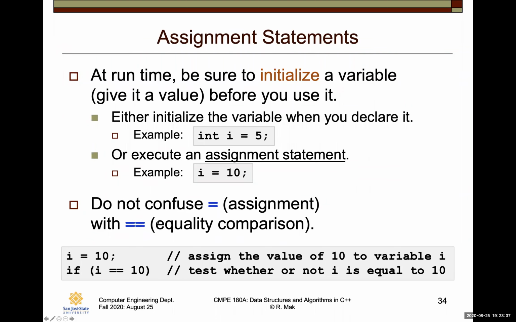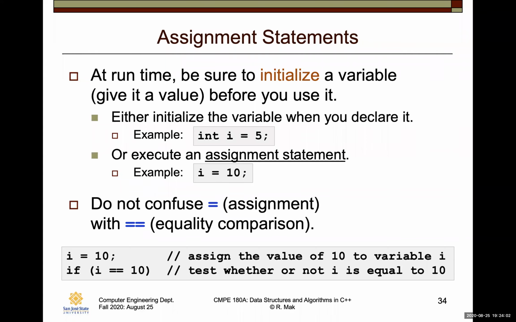The single equals is for assigning values, and the double equals is for testing equality. So here, this if statement is testing whether or not i is equal to 10. And of course, this will be either true or false.